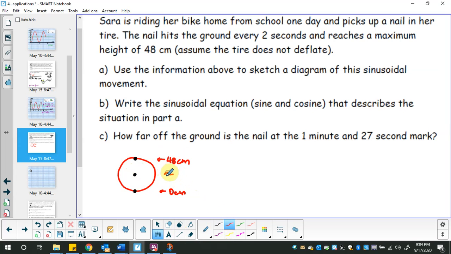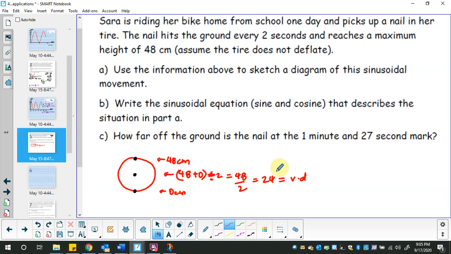So 48 plus 0 divided by 2 is 48 divided by 2, which is 24 centimeters, and that's our vertical displacement.